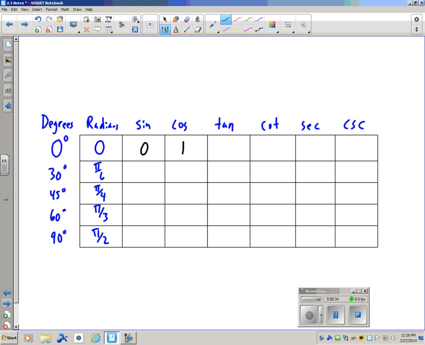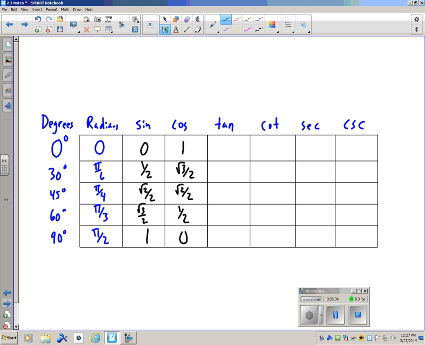So my cosine ends up being square root of 3 over 2, and sine 1/2. Pi over 4 is square root of 2 over 2, and square root of 2 over 2. Pi over 3 at 60 degrees, my cosine is 1/2. My sine is square root of 3 over 2. Pi over 2, we got our nice ordered pair. It's 0, 1.